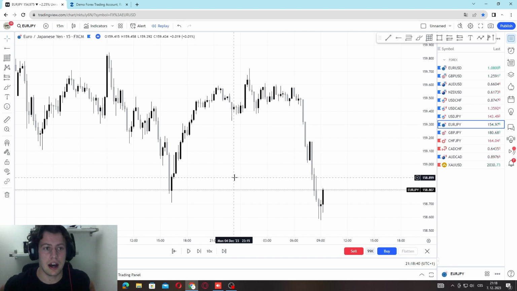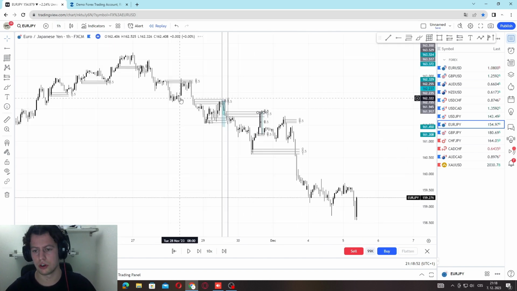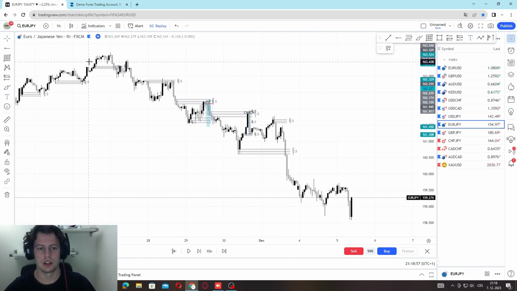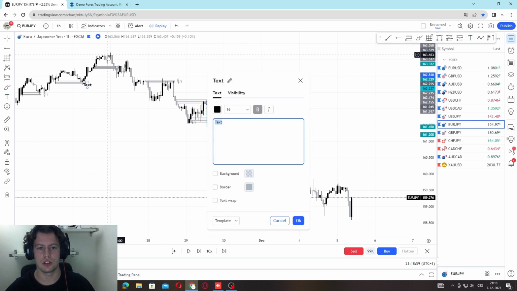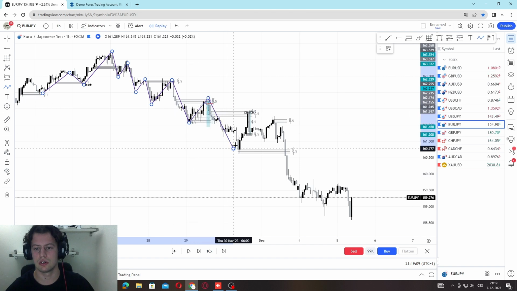Second point, I have a real example of a trade, so let's get straight into it. We are on Euro JPY on the 15 minute. You can see that overall we are bearish. We changed, sorry, here we were bullish. We changed character, and now we are making lower highs, lower lows, lower highs, lower lows.